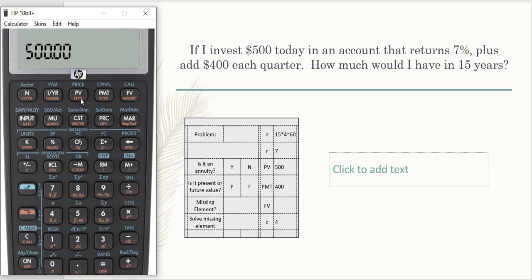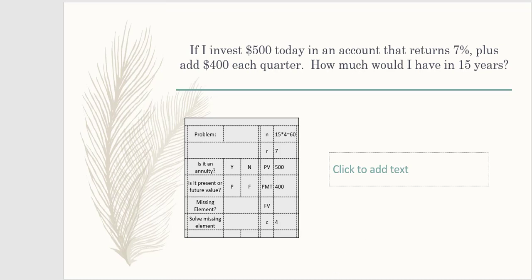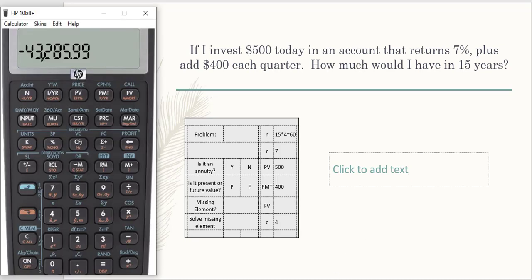And we invested 400 each quarter. We're looking for future value, so I'm not pushing that button. And I am doing it for every quarter. So 4 orange payment. And then hit the button I'm looking for. So the thing I was missing over here was future value, so that's the last button I hit. And so that would give me $43,285.99.